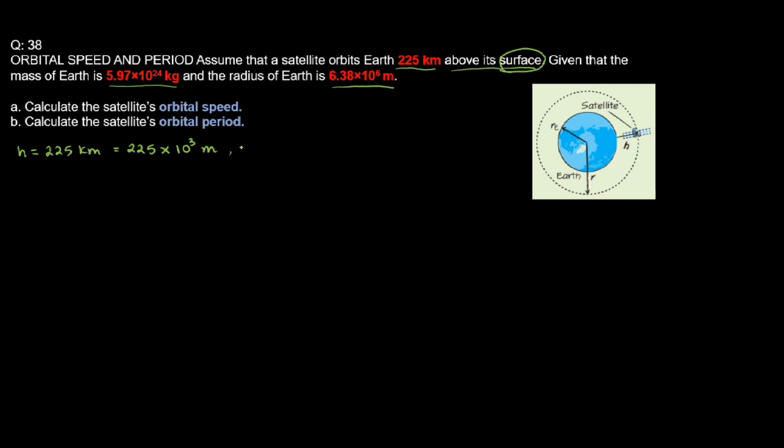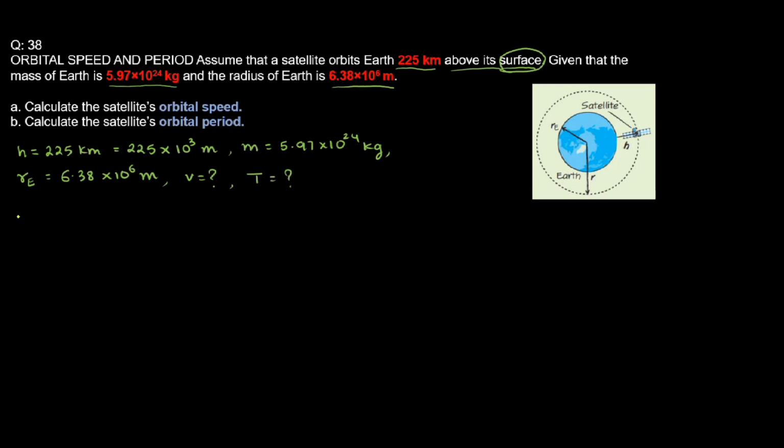Then they have given me the mass of the Earth, 5.97 times 10 to the power 24 kilogram. I have the radius of the Earth, RE, equals 6.38 times 10 to the power 6 meter. So in part A, we have to find orbital speed, and in part B, we need to find the time period.